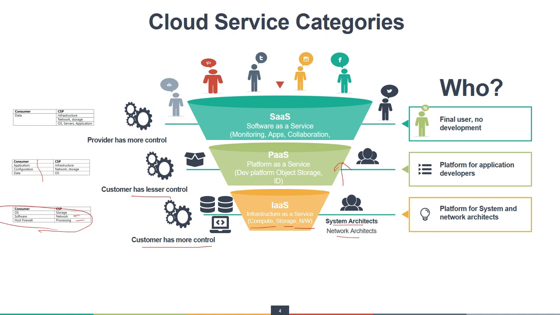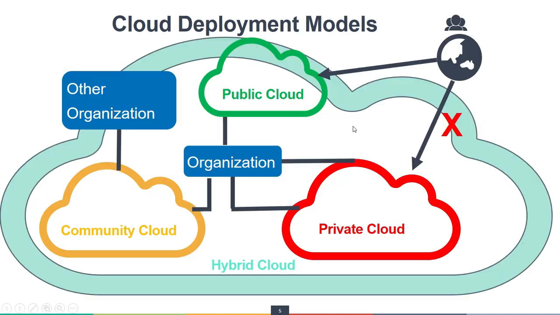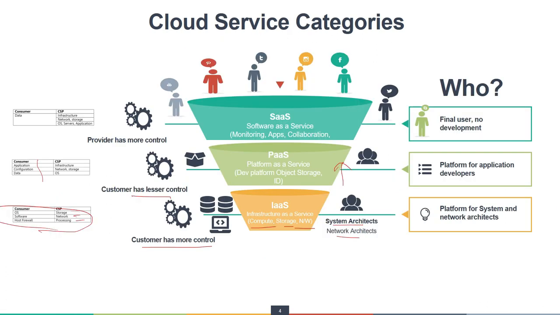Then moving to software as a service, SaaS. Here in SaaS, we have the users. There is no user who is developing the application here. Actually, everything is being offered by the cloud service provider. This is the final user at the SaaS level. There is no development.